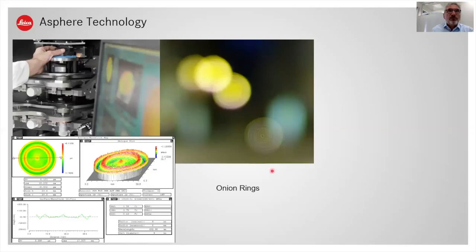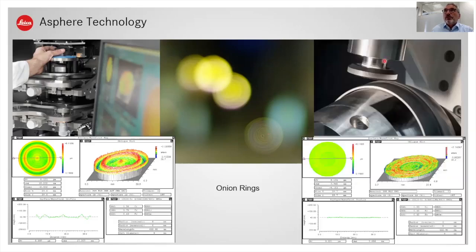We call it onion rings, and you will see it in the bokeh, in the defocus of highlights. To get rid of that, we use the QED technology, I explained already, the fine polishing technology. This is very expensive, of course, but it gives best performance, not only in MTF terms, but also bokeh. And this is part of the Leica Look, yes.